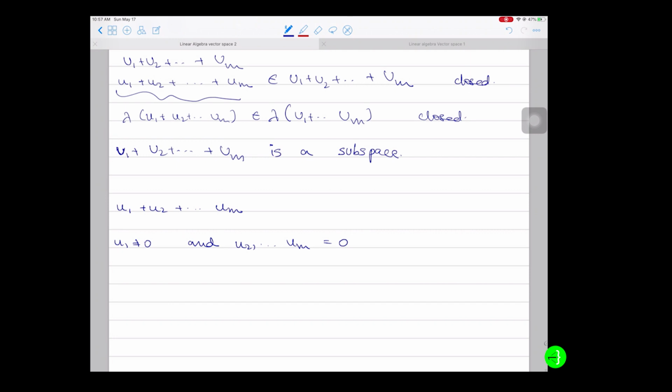Which means that it is the smallest subspace possible. There cannot be a subspace bigger than this. The proof is really vague, but if you need any clarifications, feel free to comment below or let me know.